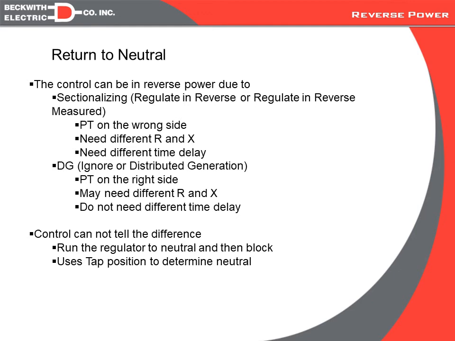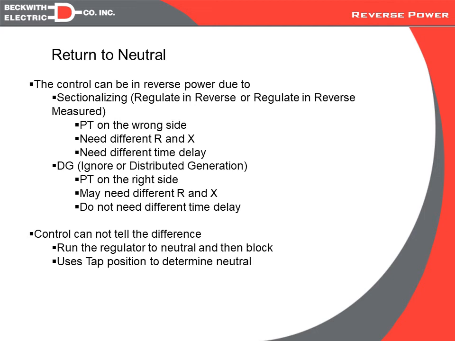So for instance, if we saw reverse power due to DG, but we actually had it set to regulate in reverse, when we set regulate in reverse, we're switching the PT to the source. The source is still the source, so it's not going to change. After 2 taps, we'll say, hey, we're really not in reverse power due to sectionalizing, and we will automatically go to DG mode.